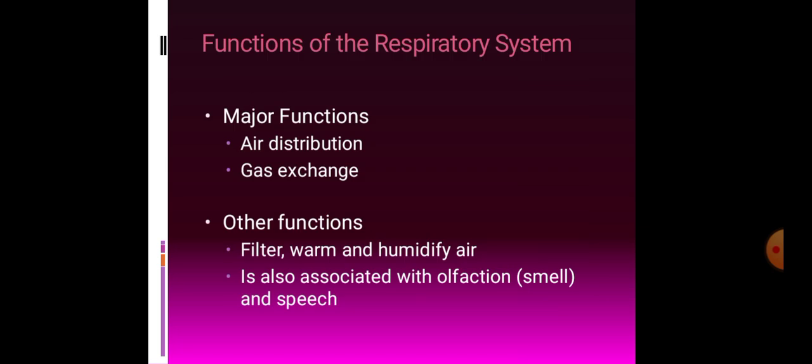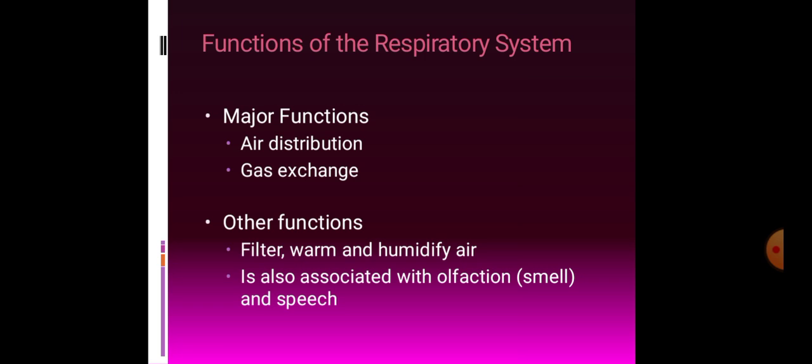The major functions of the respiratory system are air distribution and gaseous exchange. Air distribution means the distribution of oxygen throughout the body through the blood vessels, especially arteries. Gas exchange means that inside the lung, the inhaled air is exchanged with the carbon dioxide from the blood vessels.